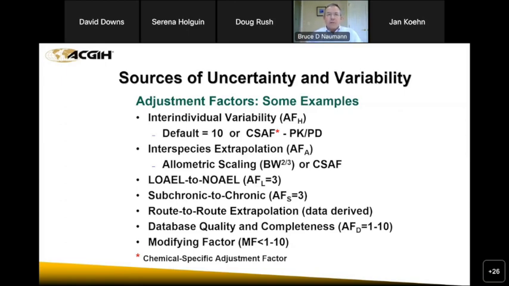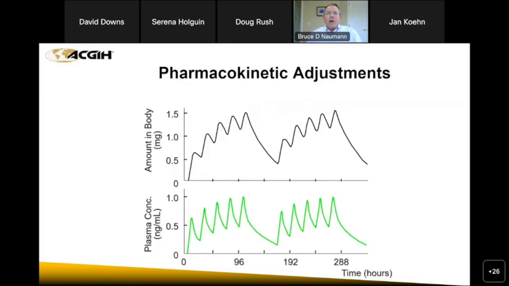So I mentioned pharmacokinetic adjustments. If you have a compound that's accumulating over the course of a work week, the blood levels are going to trend higher. So if you have to set an OEL based on a single dose study, you need to adjust for the fact that if they got it 5 days in a row, it's going to lead to higher blood levels.